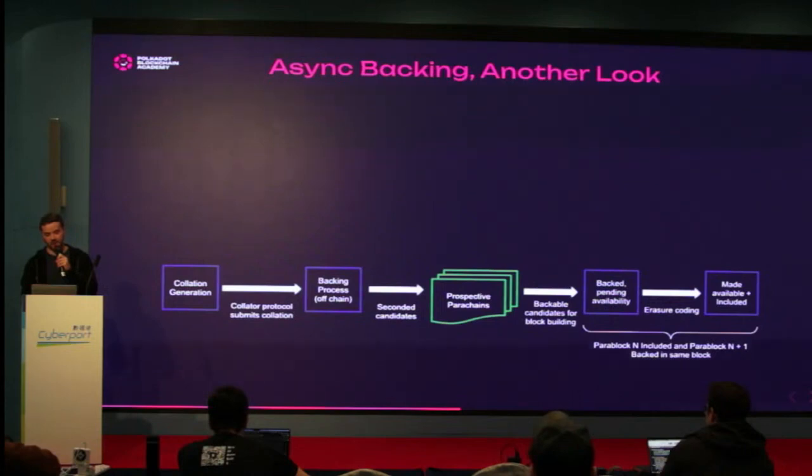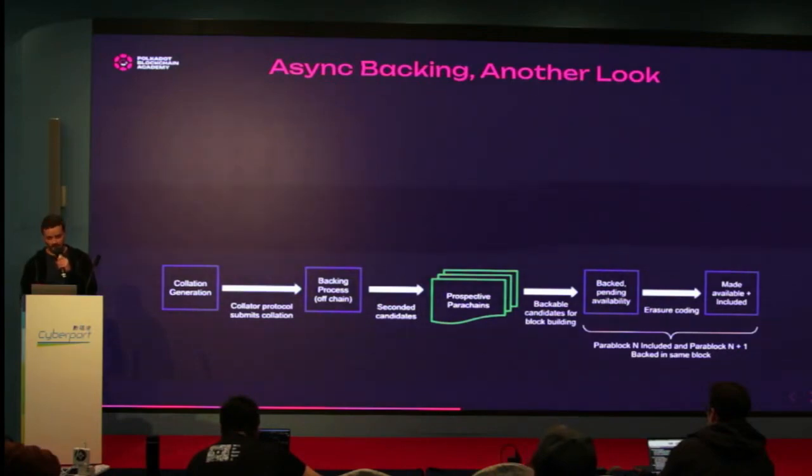So parachain block n is included, and parachain block n+1 is backed in the same block. So this backing on-chain step, and then erasure coding and this including on-chain step, they're happening for different parachain blocks from the same parachain at the same time.